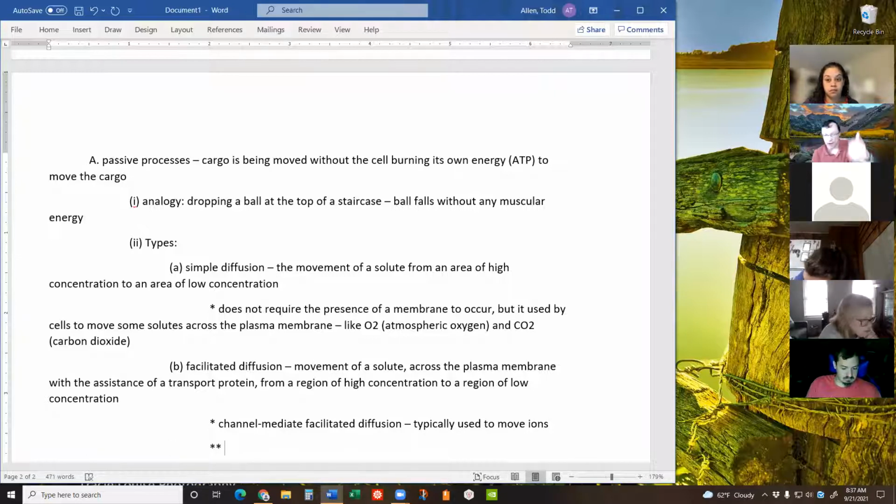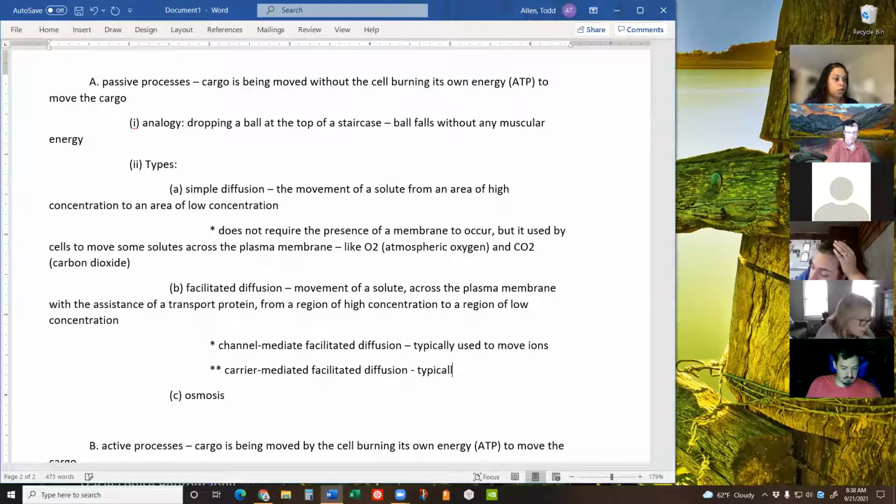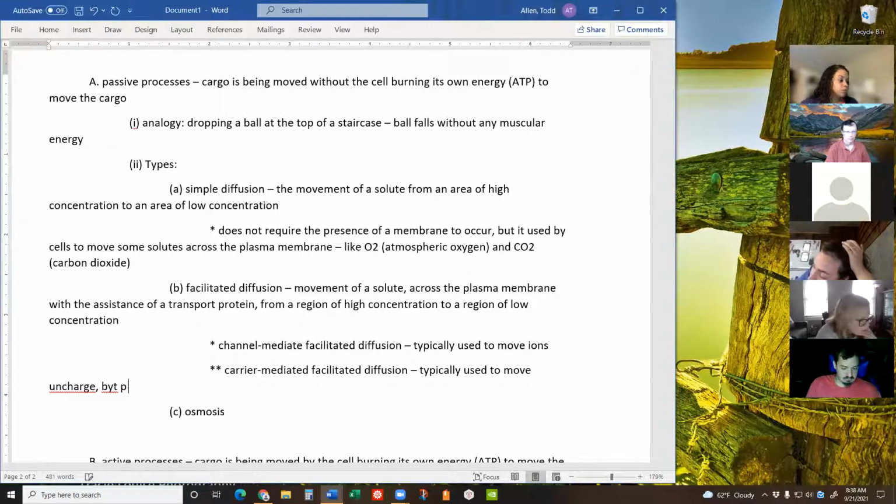There is also the carrier-mediated facilitated diffusion of figure 3.7, and that's typically used to move larger substances that are uncharged but have a little bit of polarity to them. So glucose would be a traditional example here.